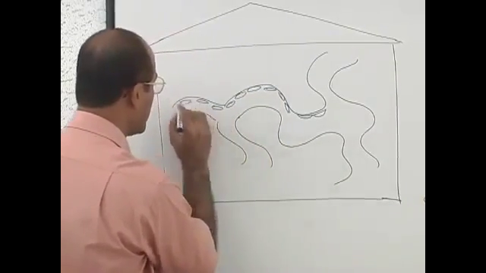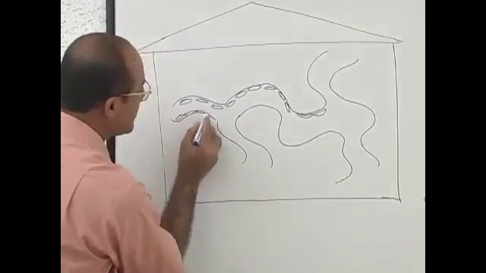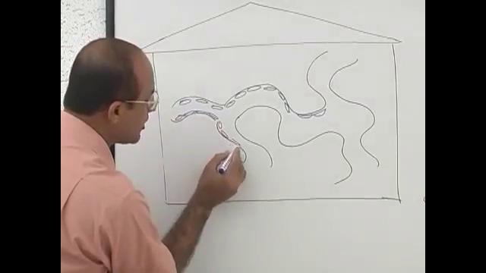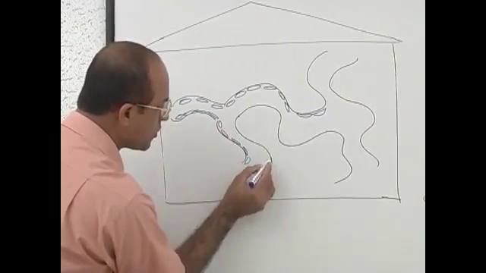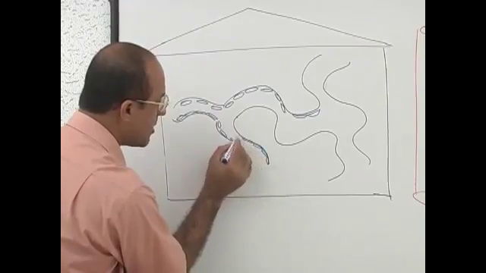These endothelial cells which are lining the bone marrow sinusoids, they are of course supported by a basement membrane.